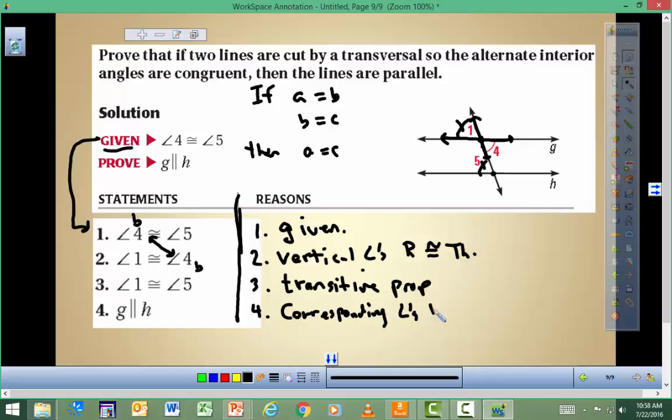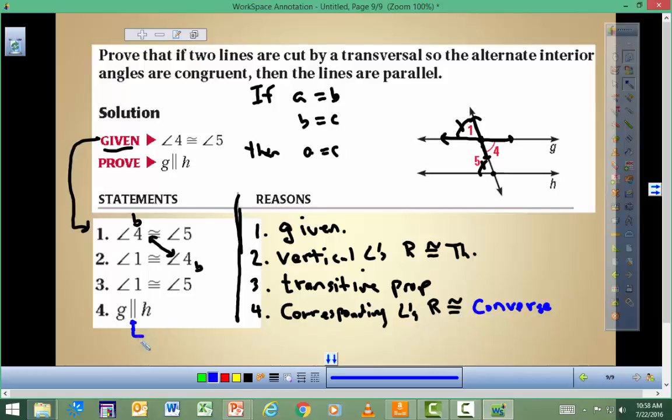Now remember, there's a word that we have to have with this, called the converse. These converses are the ones that give you the parallel lines.